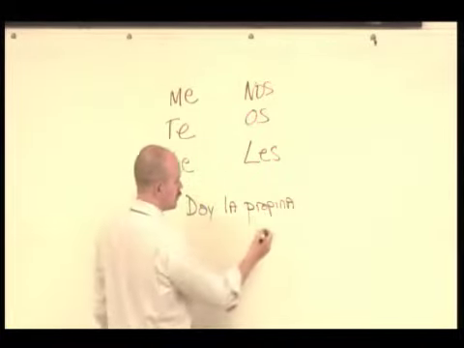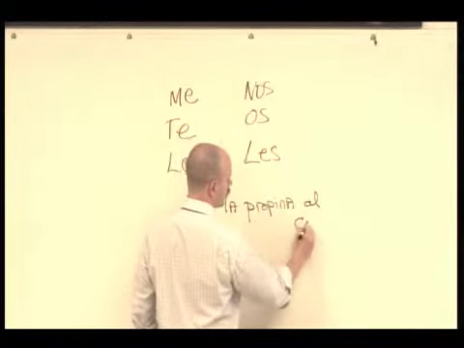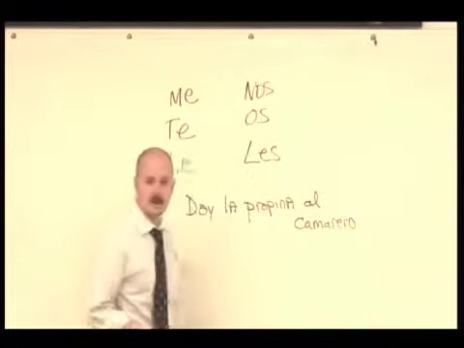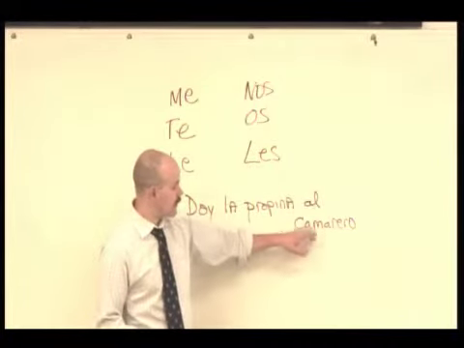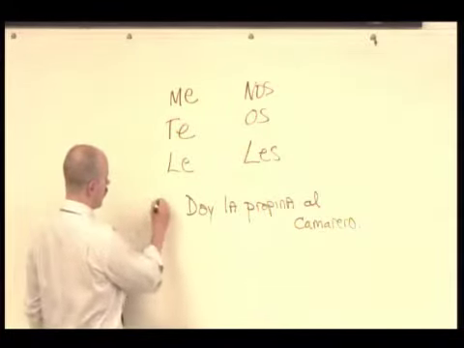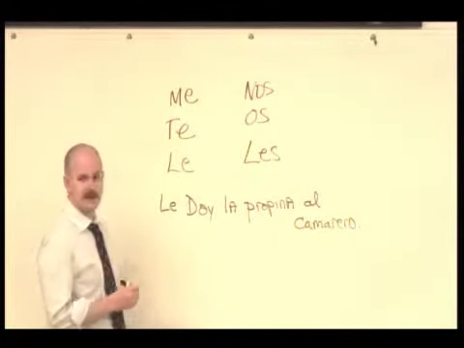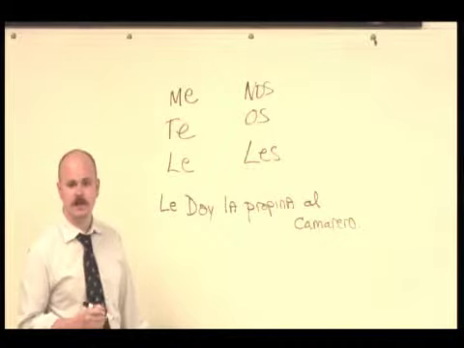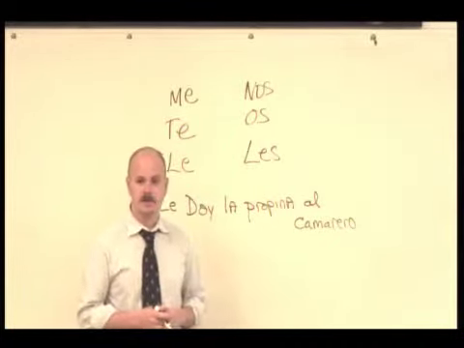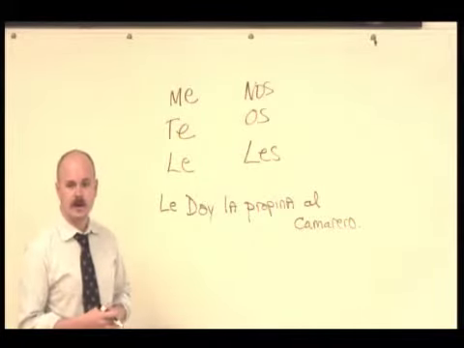To the waiter would be al camarero. And as I said a minute ago, if we have an indirect object in the sentence, we must have an indirect object pronoun. Our most common placement of it is directly before a conjugated verb. Le doy la propina al camarero. I give the waiter the tip.